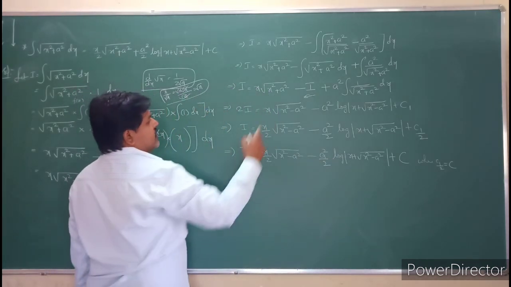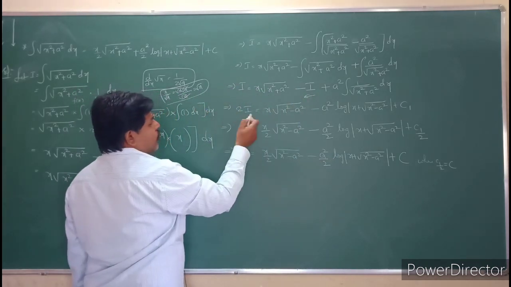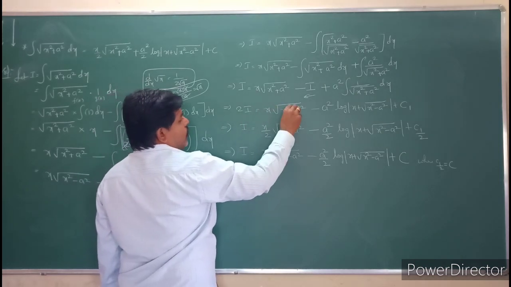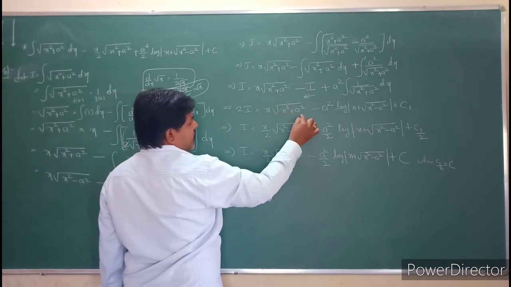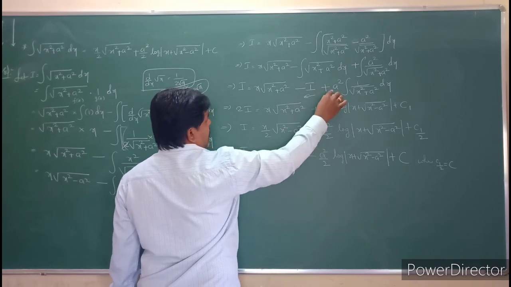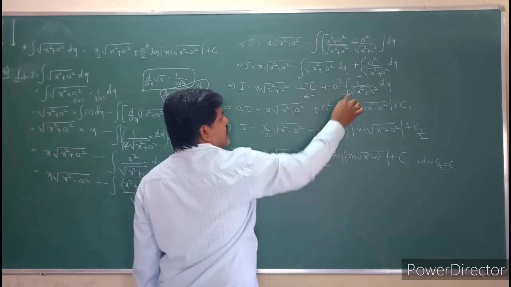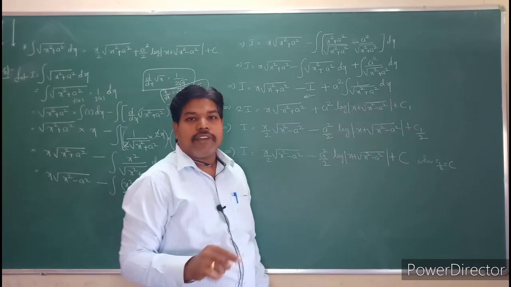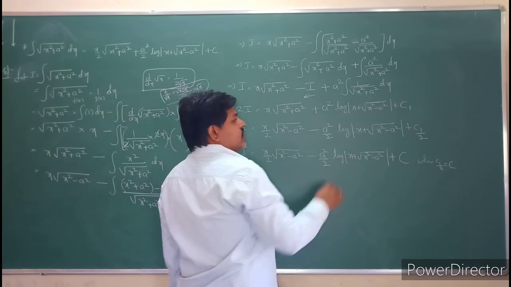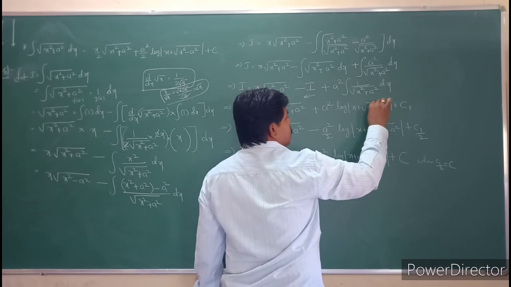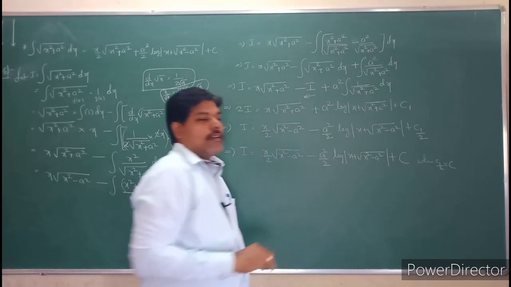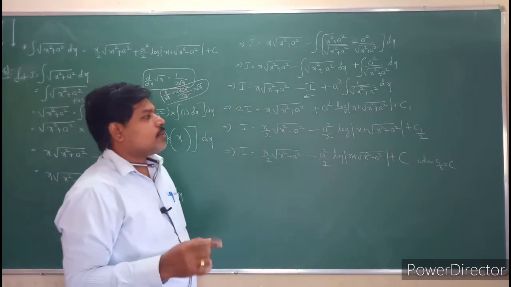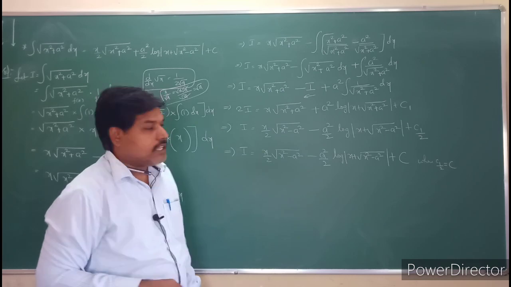So what happens? Take this minus I to this side, it will become 2I is equal to x into root of x square plus a square plus a square into, what is the formula here, students? Integration of 1 by root of x square plus a square is log of mod x plus root of x square plus a square.